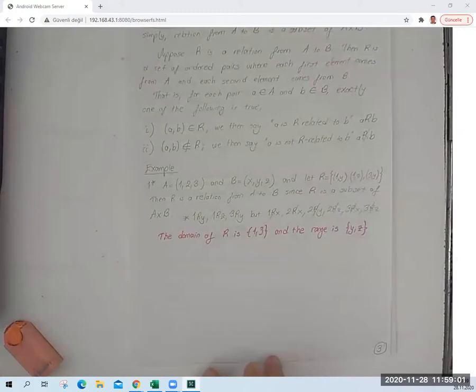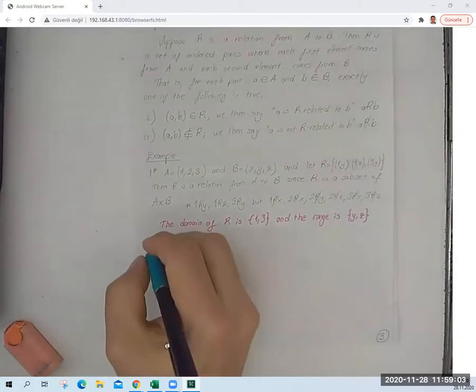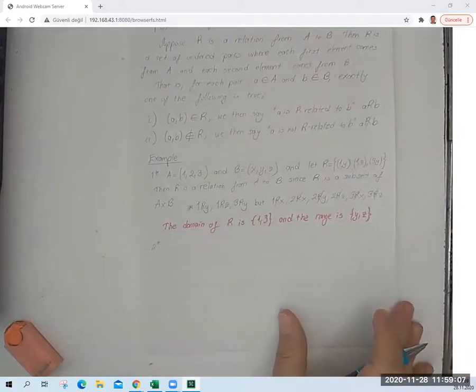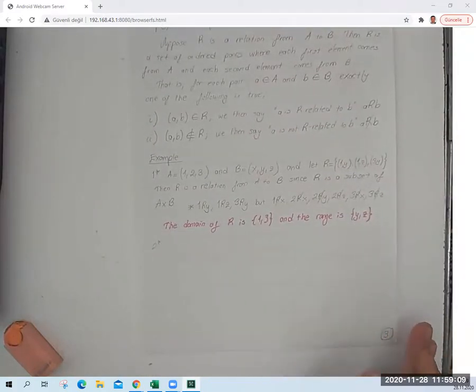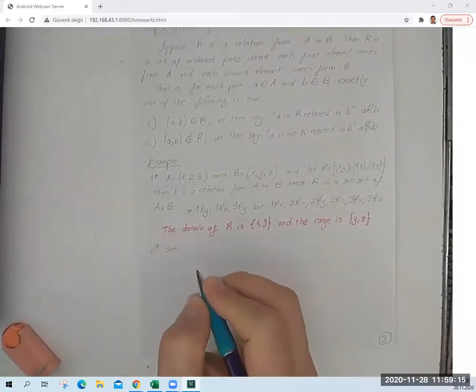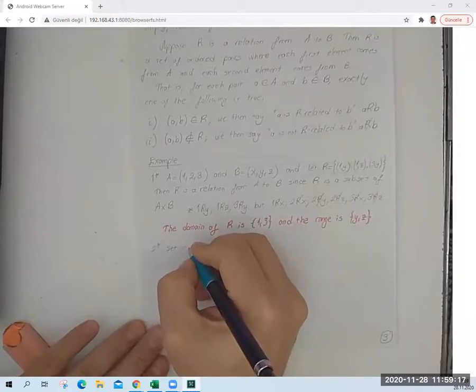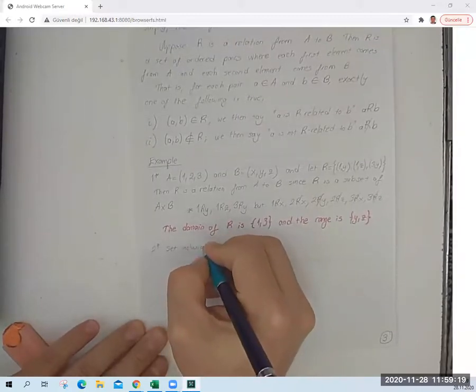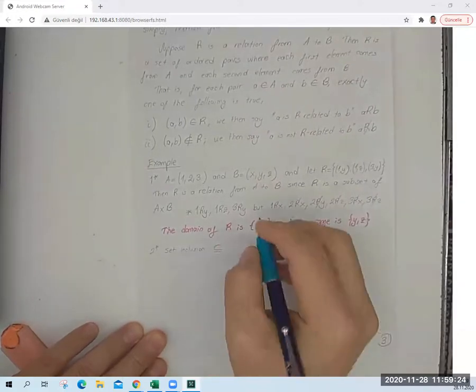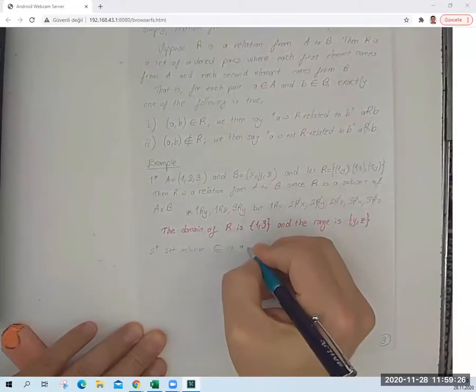So as a second example, to give some idea, set inclusion: subset is a relation, right?